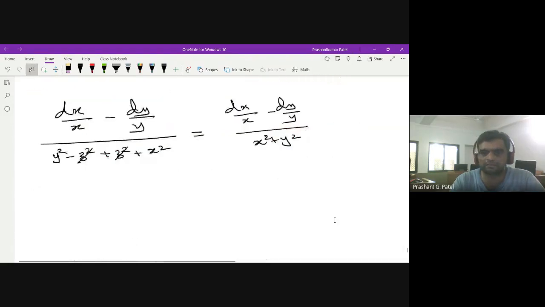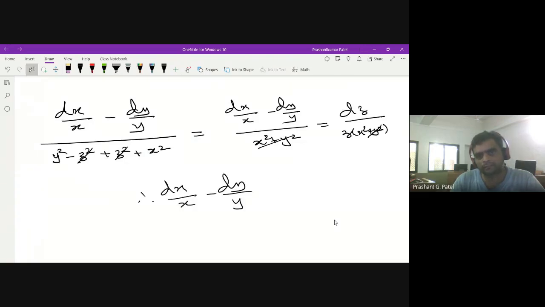So I may write this equal to dz upon z into (x square plus y square), and that gets cancelled out. So what we have is dx upon x minus dy upon y equal to dz upon z.